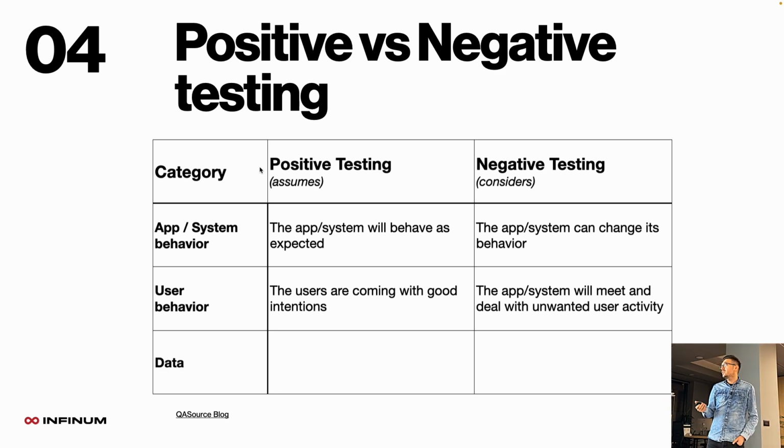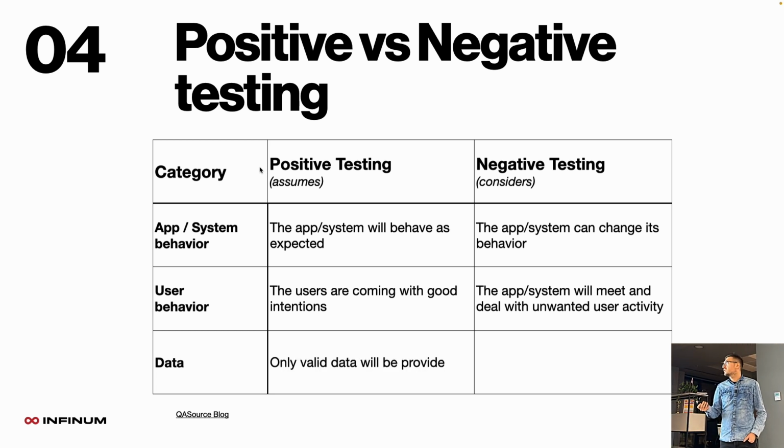The third and final category here, of course there are a lot of categories, but those are the top 3 in my opinion, is data. Positive testing assumes that only valid test data will be provided, meaning valid credentials, valid credit cards, valid user data, in order to complete an action.